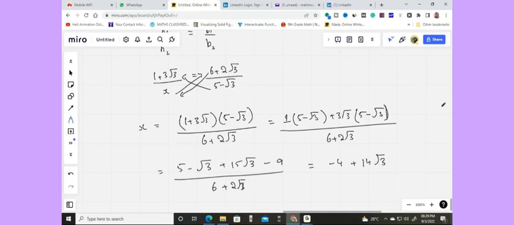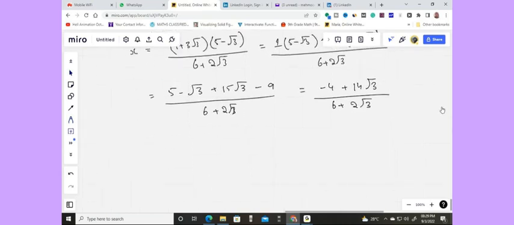Upon. Now you see, from the numerator as well as from the denominator, I can take out 2 common. My objective is to make it as simple as possible. I just took out my 2 from here. It's giving me minus 2 plus 7 root 3.